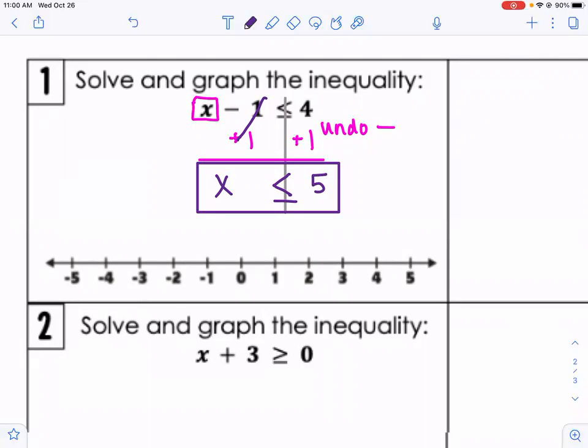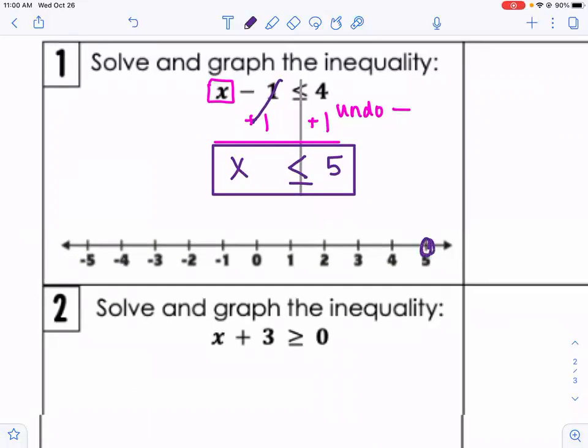That's right. Corin, what do I do? You put a circle. Closed circle on 5. And Bronson, which way should we color? Left. We should color to the left.